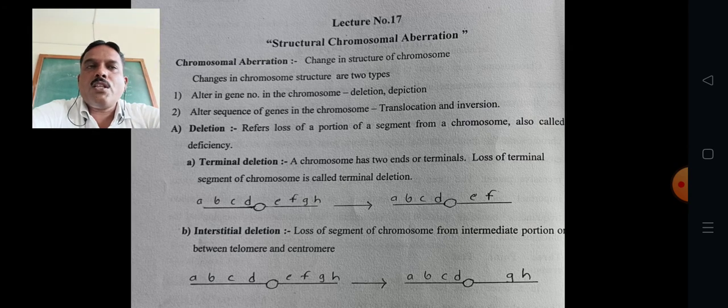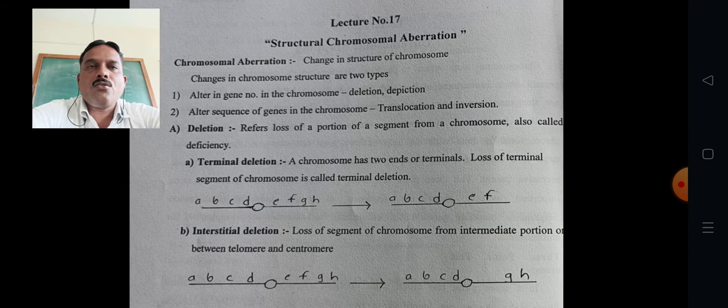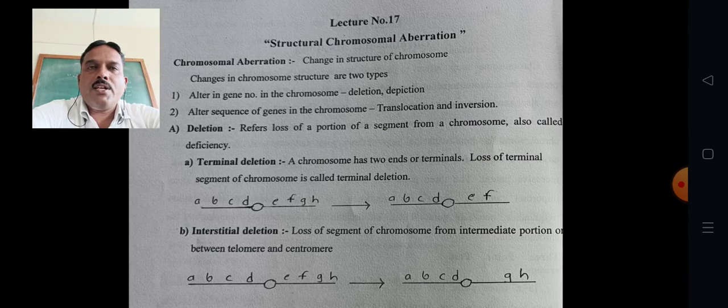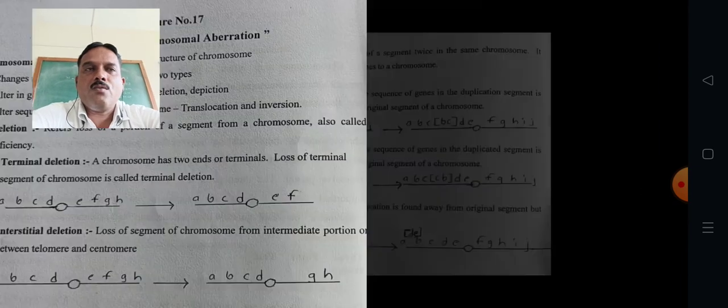When we observe the figure, the difference becomes clear. In terminal deletion the terminal segment GH is lost, and in interstitial deletion the intermediate segment between the centromere and telomere, the EF segment, is lost.